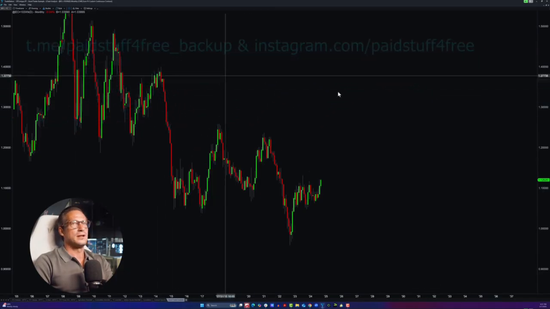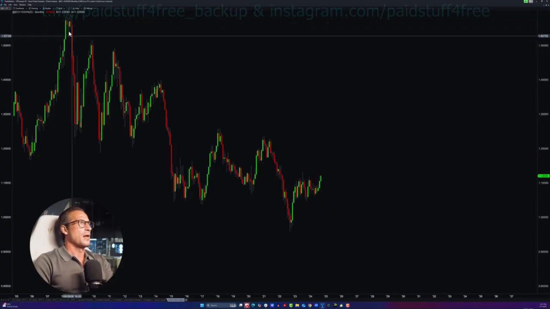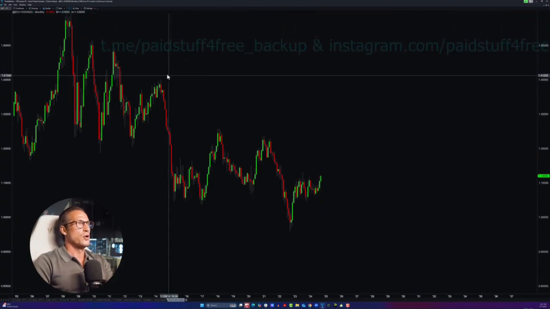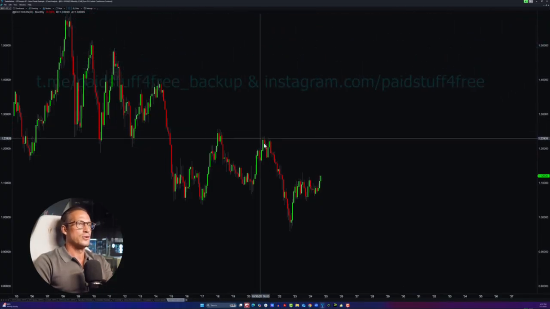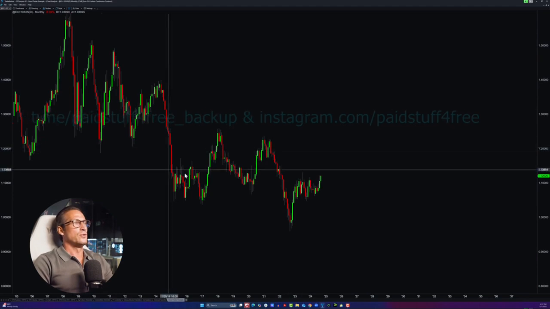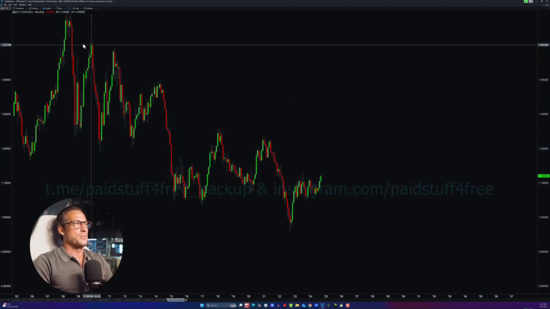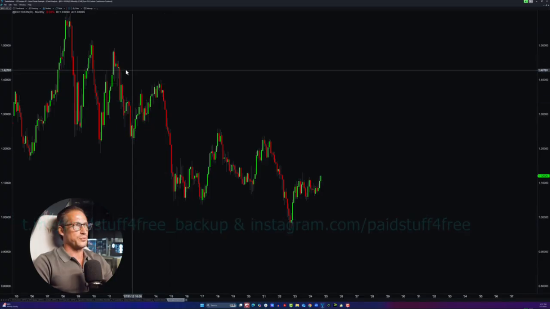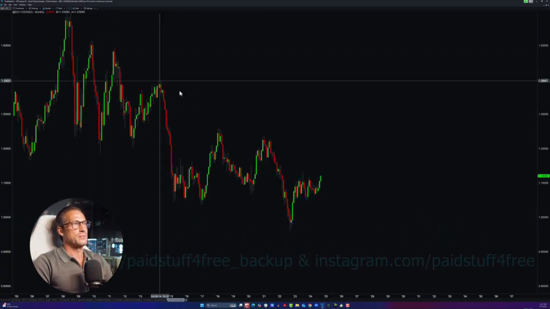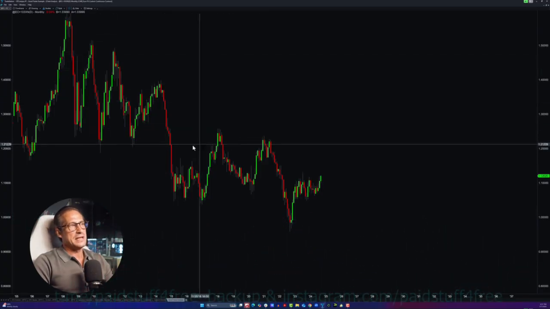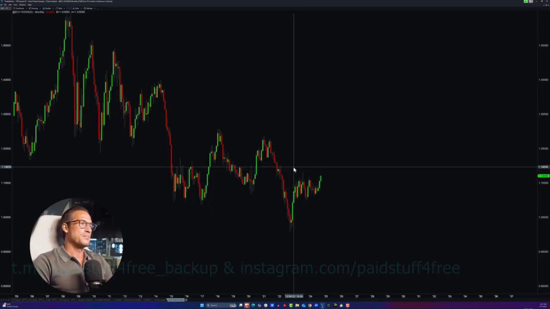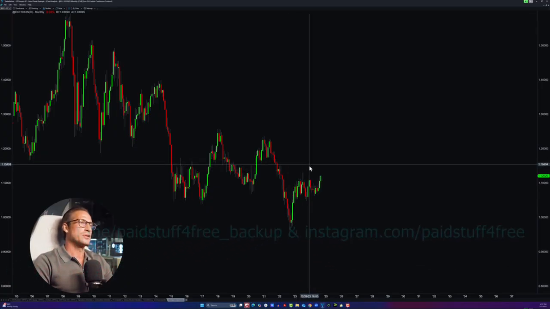Look at this on a monthly chart: high, lower high, lower high, lower high, lower high, lower high, low, lower low, lower lows. Remember, the pressure in a downtrend comes from above. We are in a big long-term downtrend on the monthly chart.